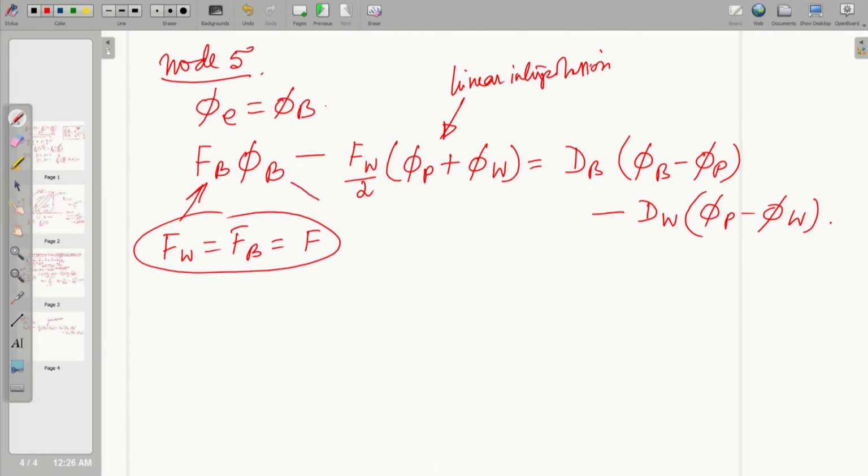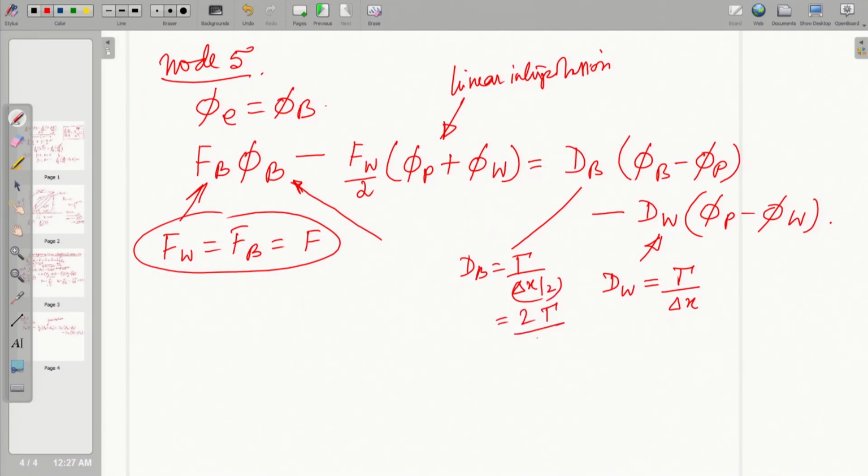We are incorporating the value of phi b here without going in for any linear interpolation, because we have reached the boundary. And then as far as the diffusion part is concerned, d w is a regular definition. So, d w will be given by gamma by delta x, while d b will be defined as gamma by delta x by 2, which makes it 2 gamma by delta x.